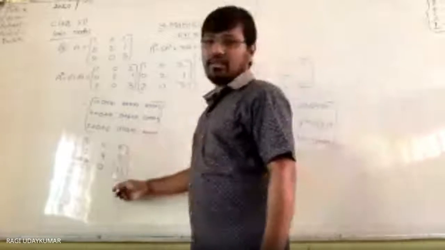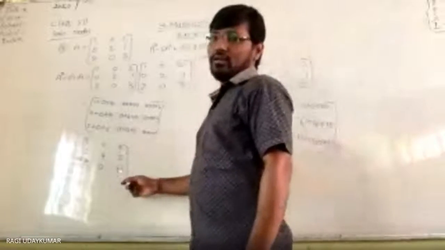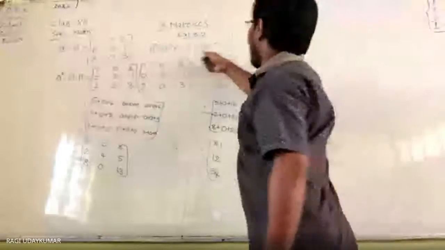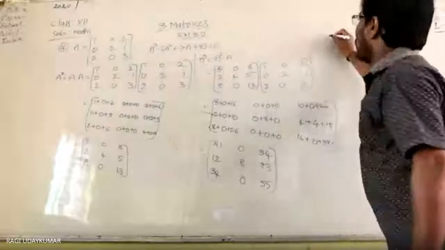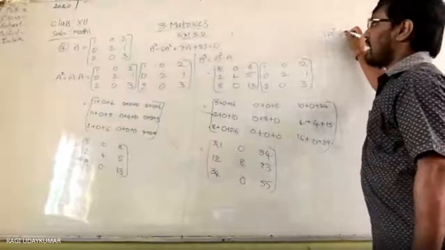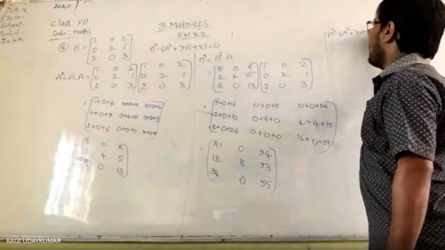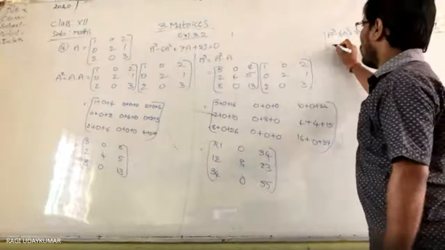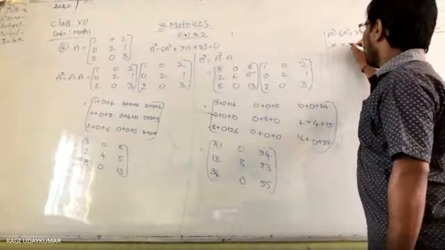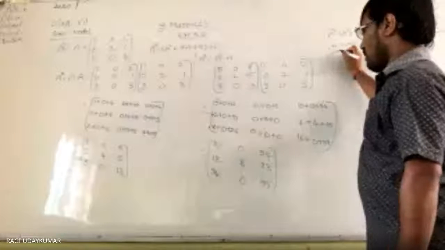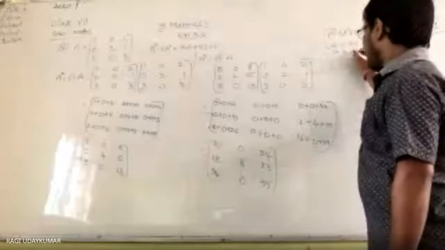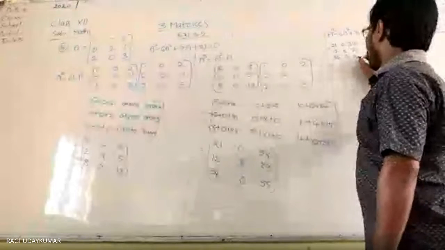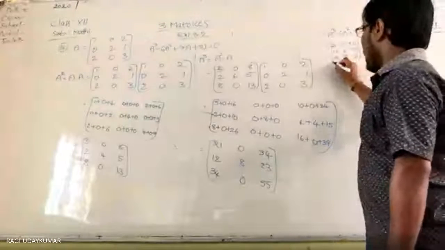6 into A squared. You are going to get 4 matrices: A cubed minus 6A squared plus 7A plus 2I. A cubed is nothing but this one: 21 0 34, 12 8 23, 34 0 55. This is the matrix A cubed.